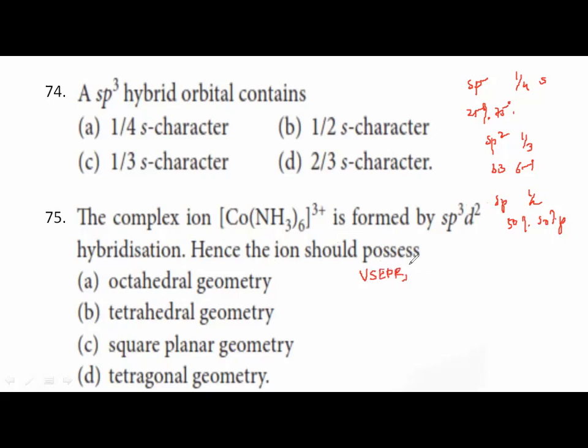According to VSEPR theory, a molecule with 6 bond pairs, here there are 6 NH3, and the hybridization is sp3d2, so the geometry should be octahedral. This ion is called a complex ion. The geometry comes out something like this.